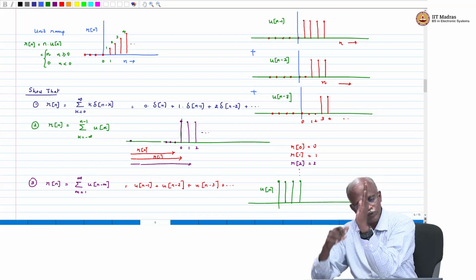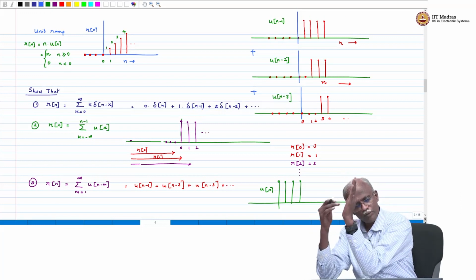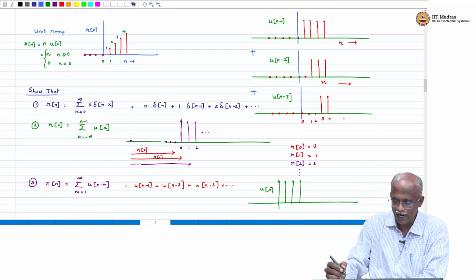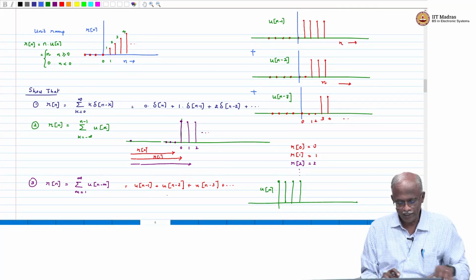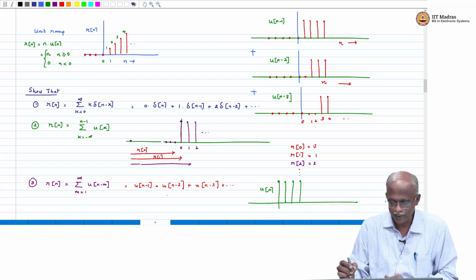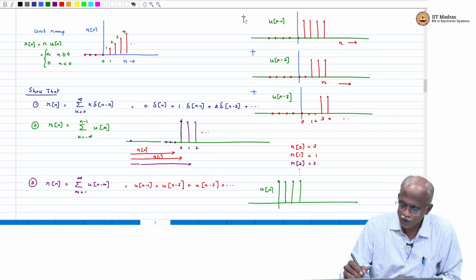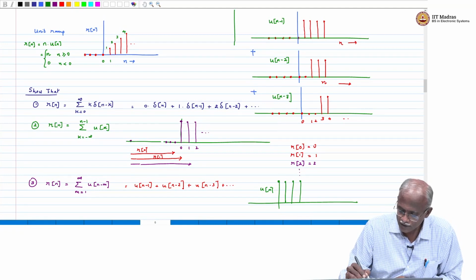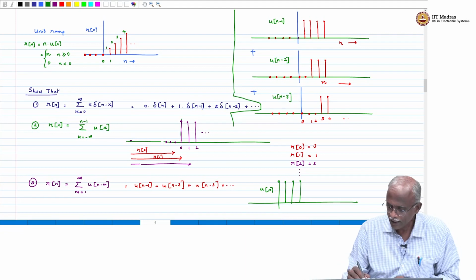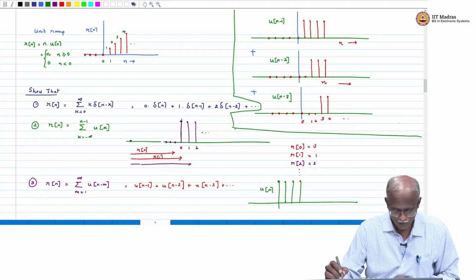When you move to 2, two of them are non-zero. Then at 3, three of them are non-zero. So if you add them together, you will start to see the appearance of a ramp. You can verify that this is also another way of getting the ramp function. Let me just indicate that this particular diagram belongs to part 3.